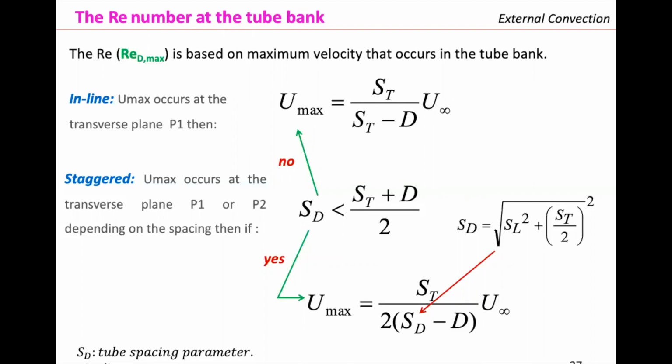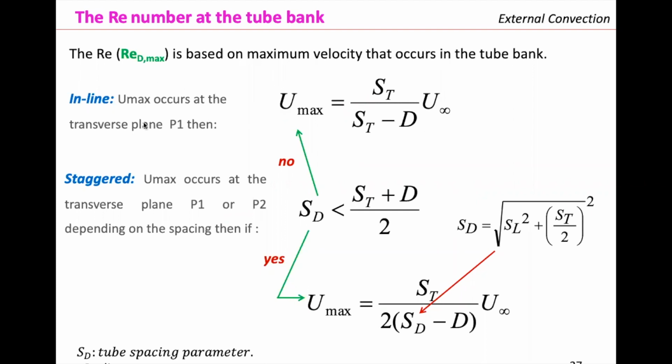This is a little algorithm that will help you determine that maximum velocity. If you can have it handy in your equation sheet, that could be great, because it will help you a lot to determine U max to get the Reynolds max.